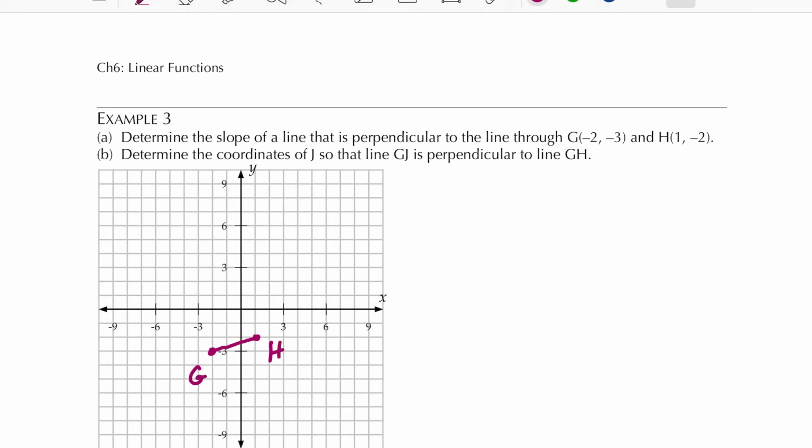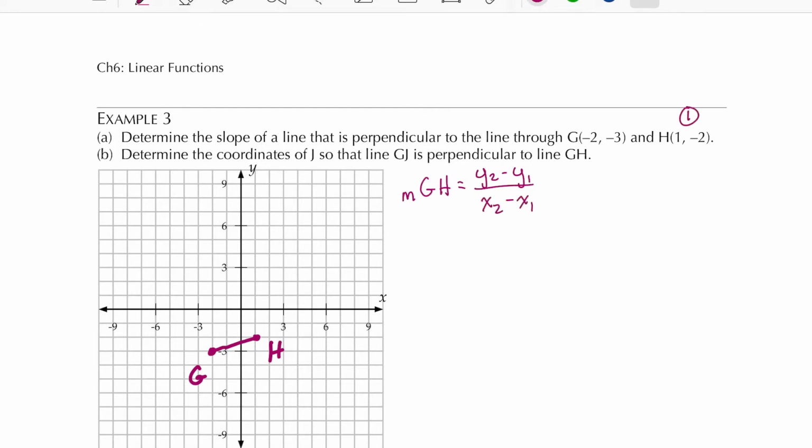Now, before we can determine the slope of a line that is perpendicular to it, we have to determine the slope of GH. So let's determine the slope of GH using our formula: y2 minus y1 over x2 minus x1.